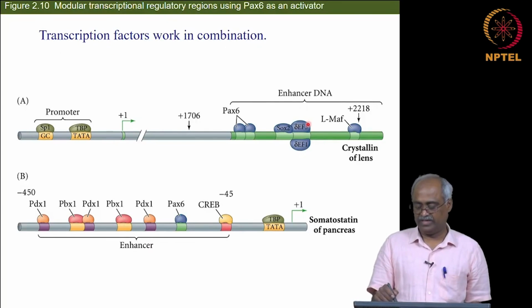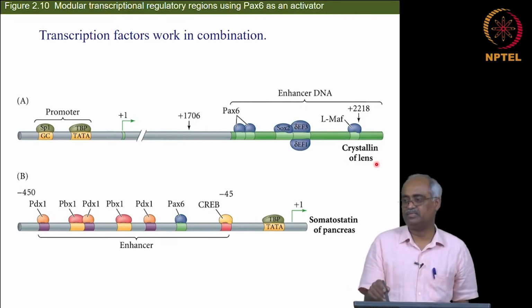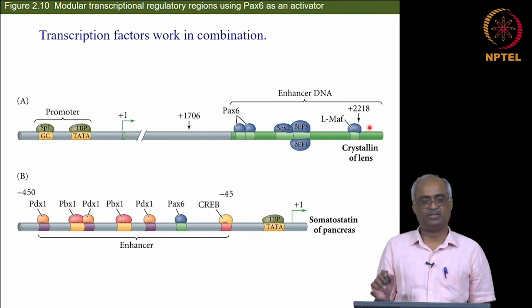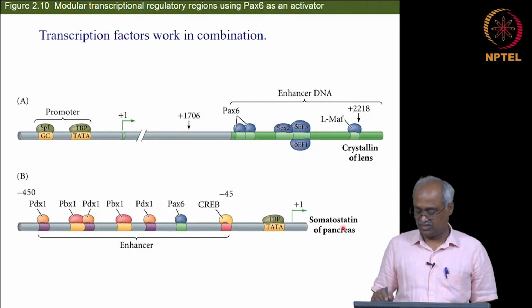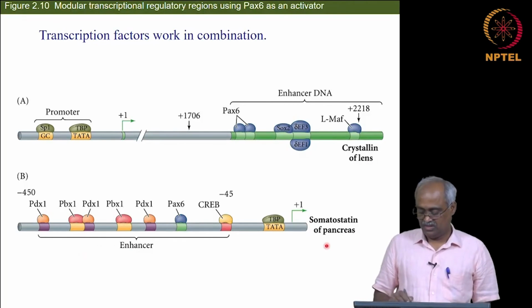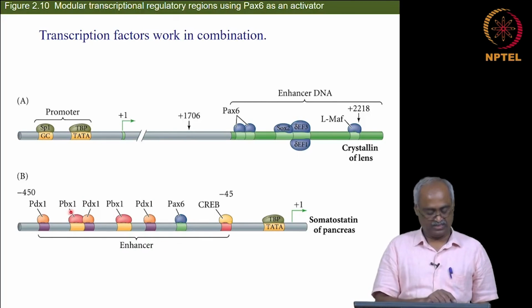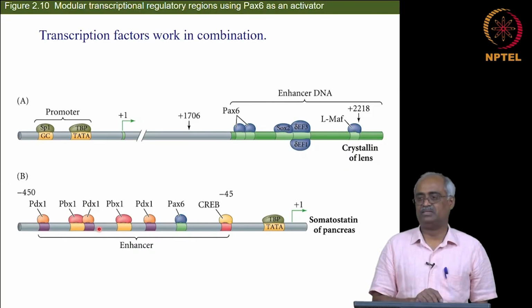And these other proteins shown here aid in the interaction among these 3 transcription factors when bound to this promoter region. An additional example is here, somatostatin, the growth hormone. It is produced in the pancreas, where PAC6 binds to its own binding sequence, but then that promoter should have other transcription factors, for example PDX and PBX, binding to their own respective enhancer regions.